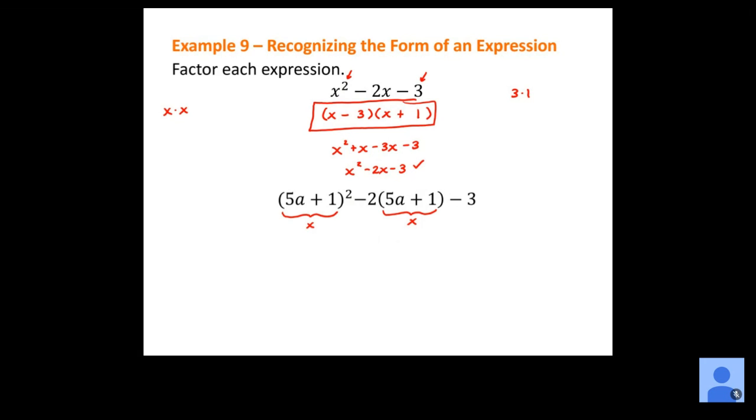So if you can recognize this as being of the same form, we can just use those same factors, but instead of using x's now, those are going to become 5a plus 1s. Okay, so this is going to be 5a plus 1 minus 3. And then in place of the other x, we put a 5a plus 1, and then we have a plus 1.